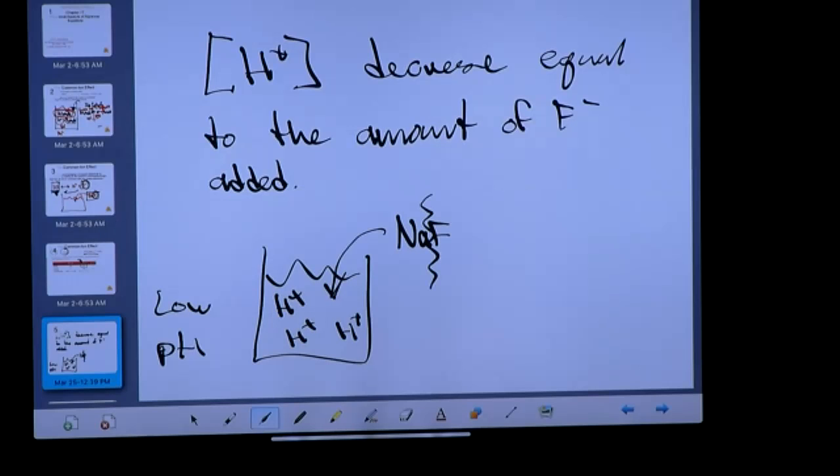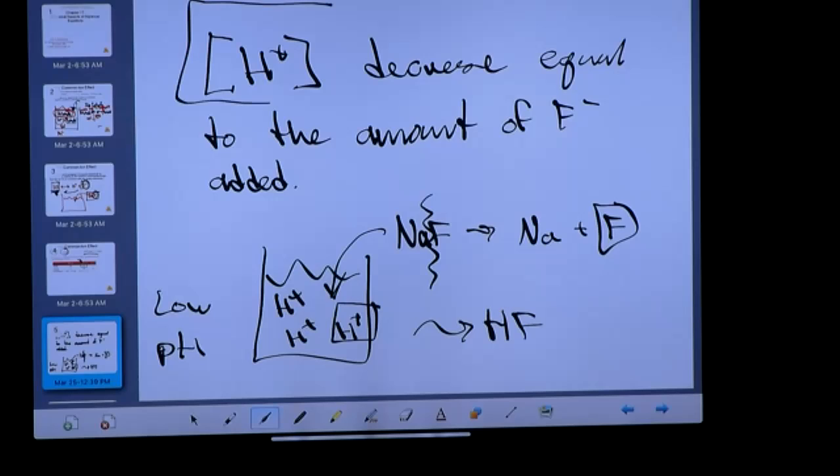You with me? It breaks apart into one Na part and one F part. Every F will find every H plus it can to form HF. So the concentration of H plus will decrease equal to the amount of F minus that we have present. Yeah, it can neutralize it.